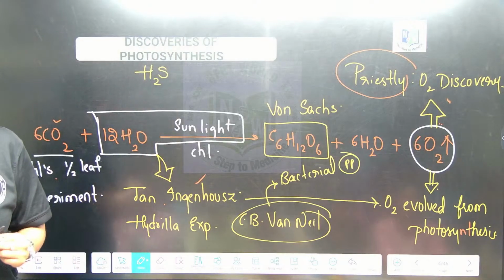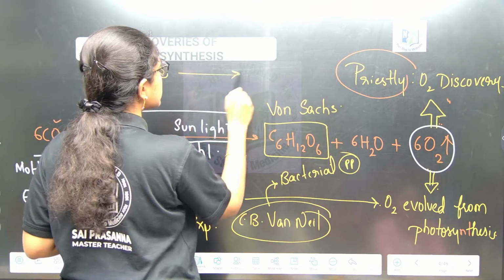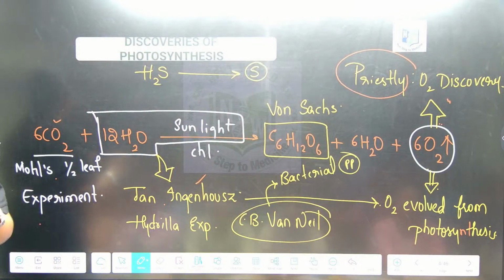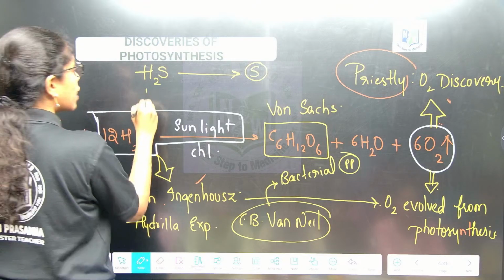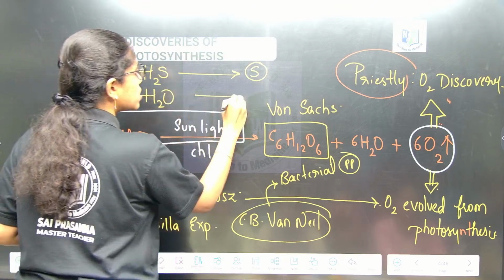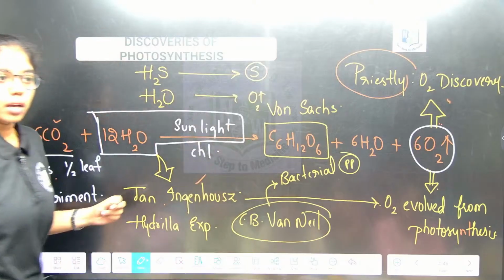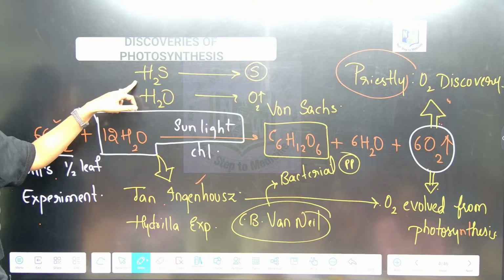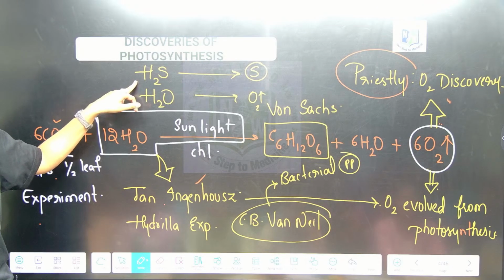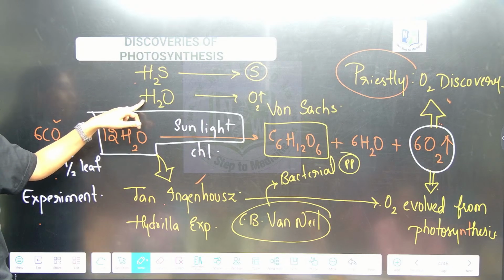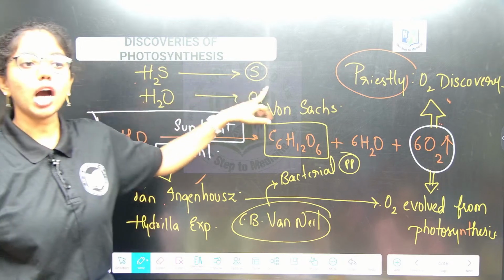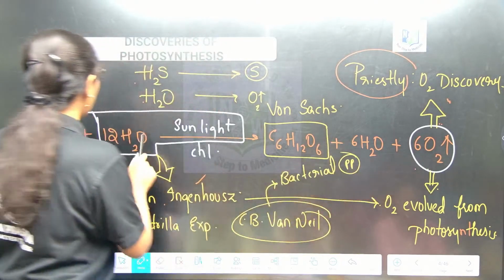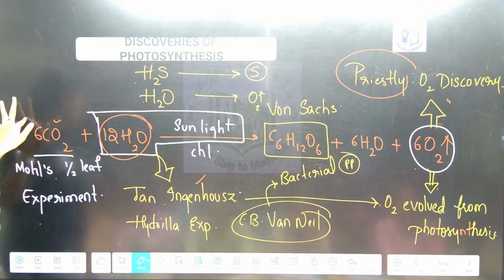If H2S is the electron donor, what is released as the product? Only sulfur molecules. In oxygenic photosynthesis, when H2O is the electron donor, what is evolved? Oxygen. From this, he derived the point that H2S is the electron donor for bacterial photosynthesis or anoxygenic photosynthesis, and water is the electron donor for oxygenic photosynthesis.